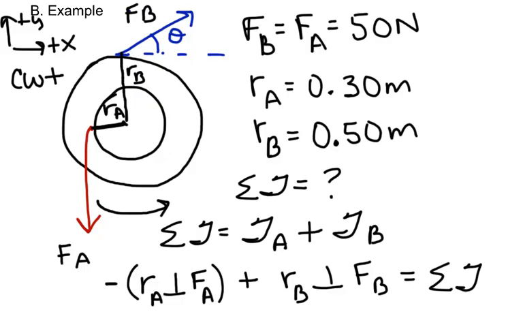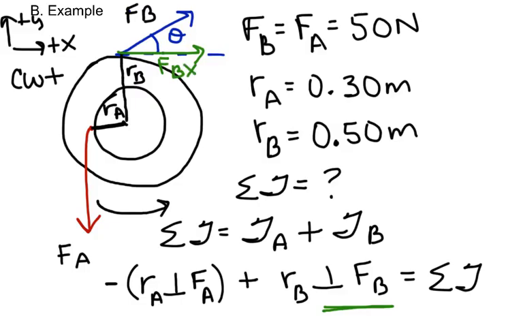I want to talk about this perpendicular value of F sub B. Let's go back up to the drawing. If you look at F sub B, in blue, F sub B is acting at an angle, and I only want the perpendicular component to R sub B. The perpendicular component to R sub B, I'm drawing in green here, I'm going to call that F sub Bx.